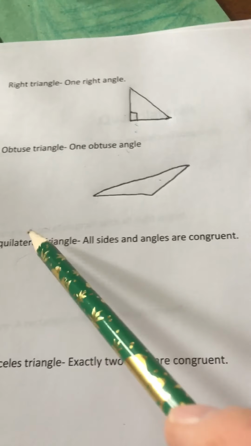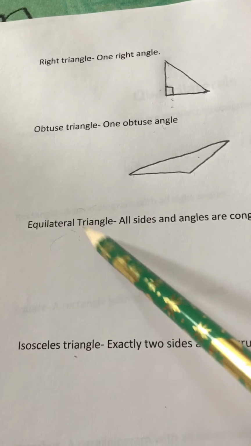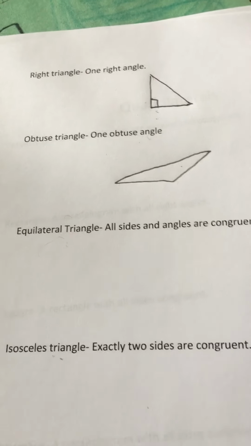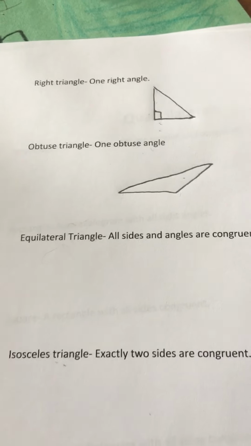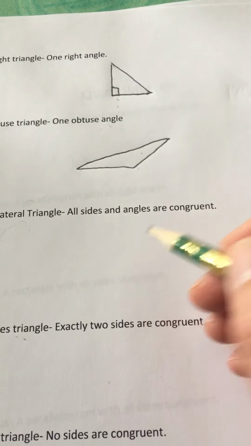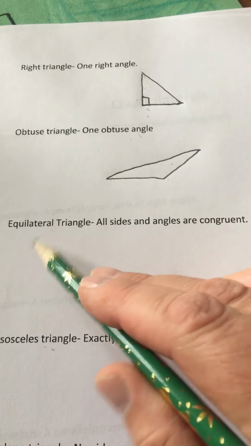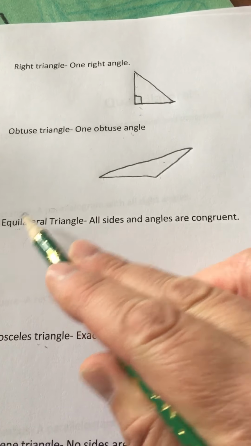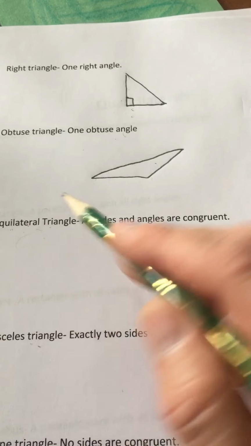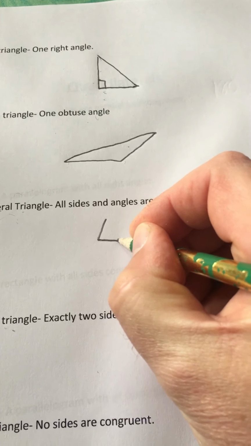All right, now the next 3 names, the book doesn't use, but I'll go over, and they deal with the relationship of the sides or legs. They could be called legs of a triangle. Equilateral, that means equal lateral sides, equilateral triangle. And that's almost like the first one that we drew.